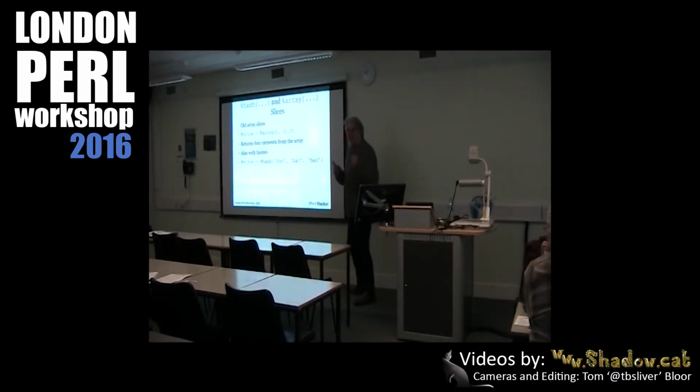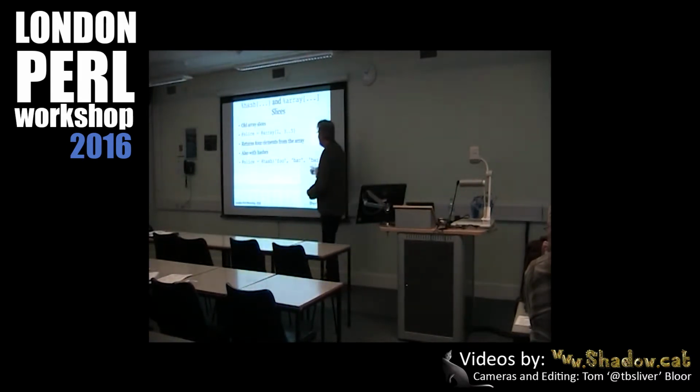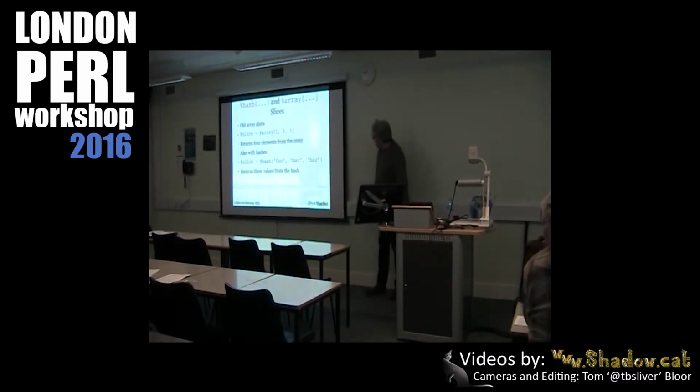And what people sometimes don't realise that you can do is use this also on the left-hand side of an assignment. So that will then give you 3 buckets in your hash, which you can then put 3 values into. So that returns 3 values from the hash.